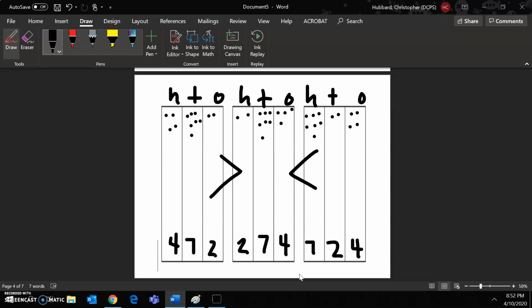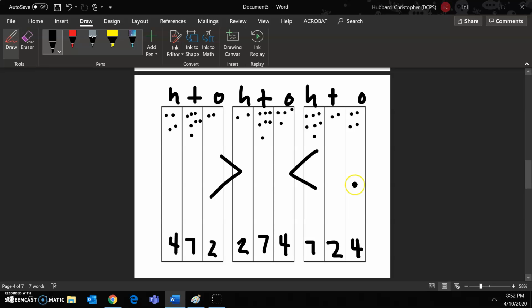So to read this, we would say that 472 is greater than 274, and 274 is less than 724.